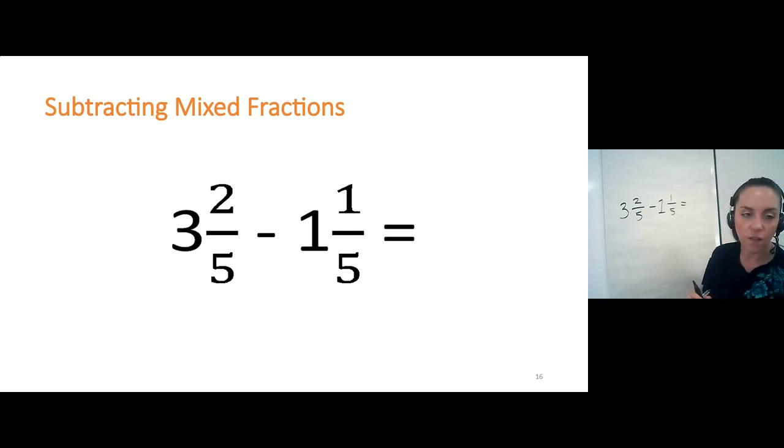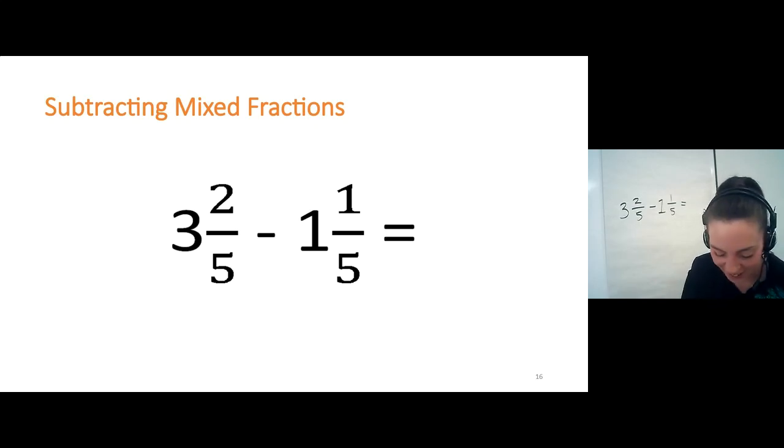I've ended up with 1 1/5. Pamela's now got 1 7/5. Kim's got 11 over 5. We've all ended up with different answers here.